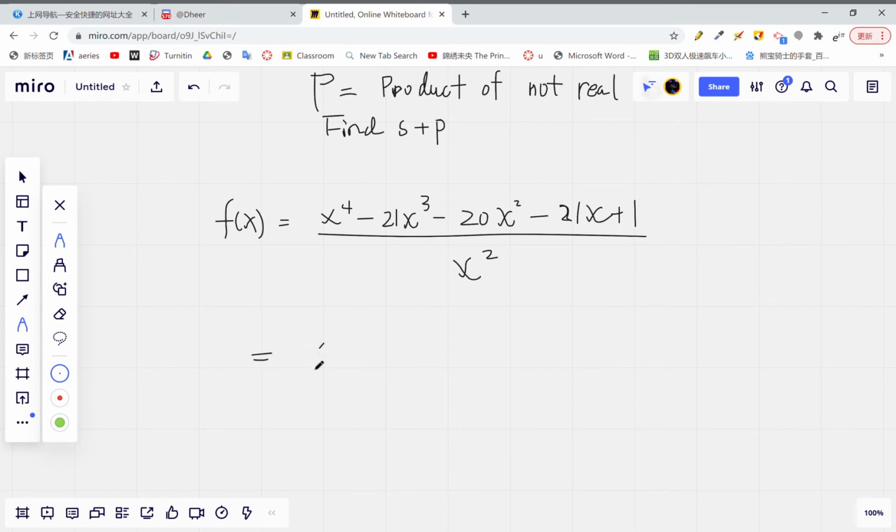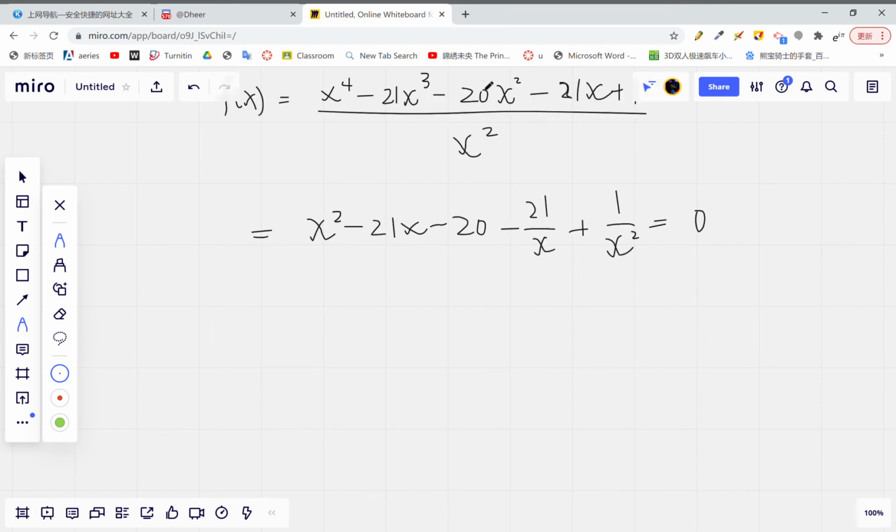So then we get x squared minus 21x minus 20 minus 21 over x plus 1 over x squared. This is equal to 0. So now let's set y equal to x plus 1 over x.